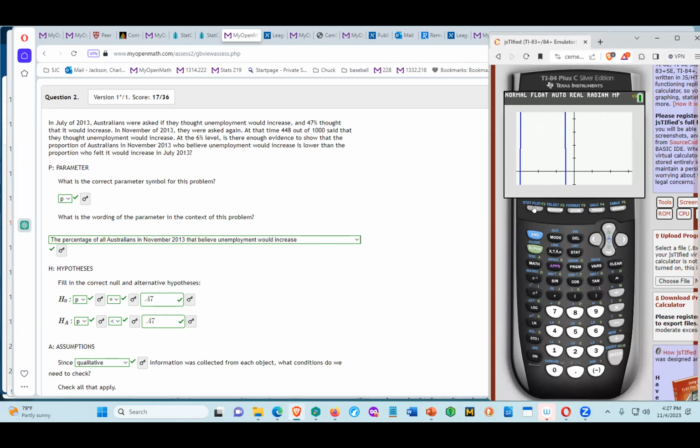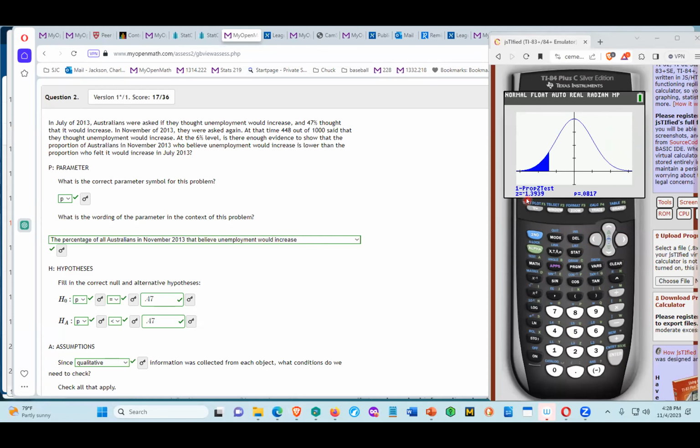Yeah, I have to get rid of that curve on there. So I just like to do the draw. I just like to see it. I mean, you get the test stat and the p-value either way.